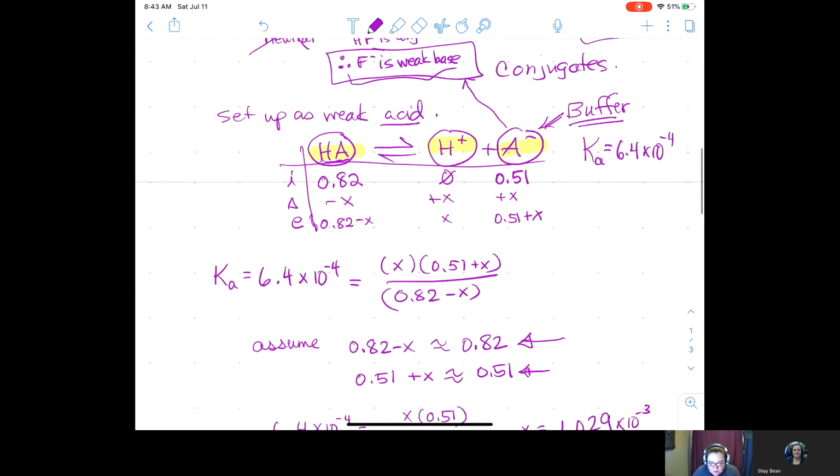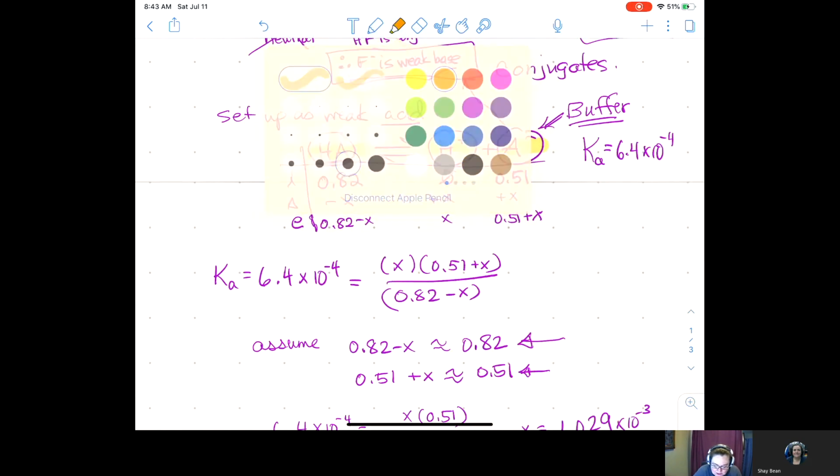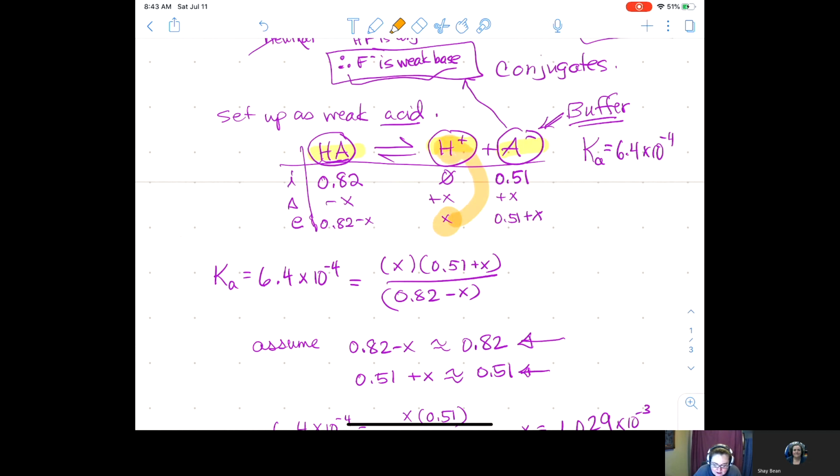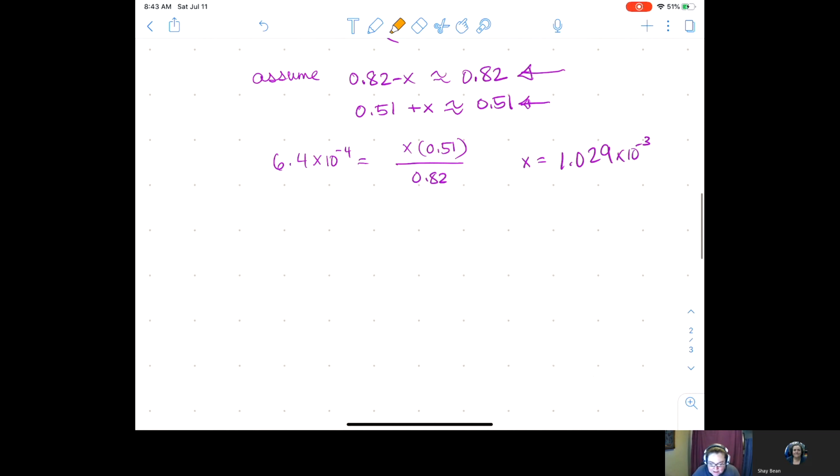I just solved for x from the ice table, and you will notice that the x is the H plus because I set it up as a weak acid problem in this case, and therefore the pH is the negative log of that H plus, that x, and so the pH is 2.9875, and most of the time we're going to be rounding to 2 decimal places, so the pH is 2.99.